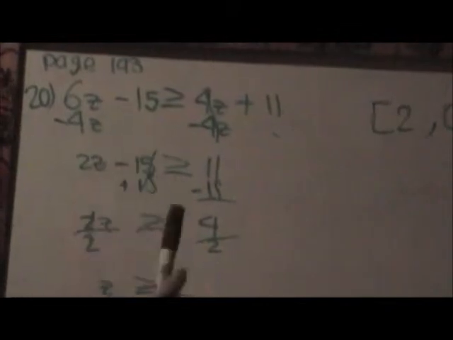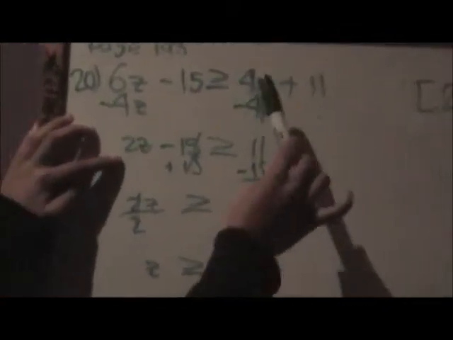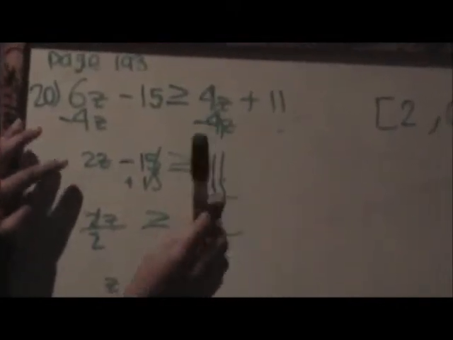That is 2. That is here. And 4 minus 4, that we remove because it is plus and a negative. So if it's plus and negative, it will be subtracting.